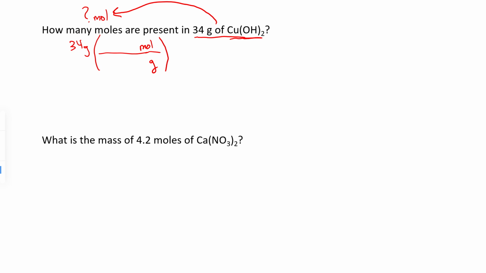Now our conversion factor is 1 mole is equal to the mass from the periodic table. 1 mole is equal to this mass. So we actually have to figure out what the mass of this is for 1 mole. So this has copper, oxygen, and hydrogen. So there's 1 copper, and copper is 63.546 grams per mole.